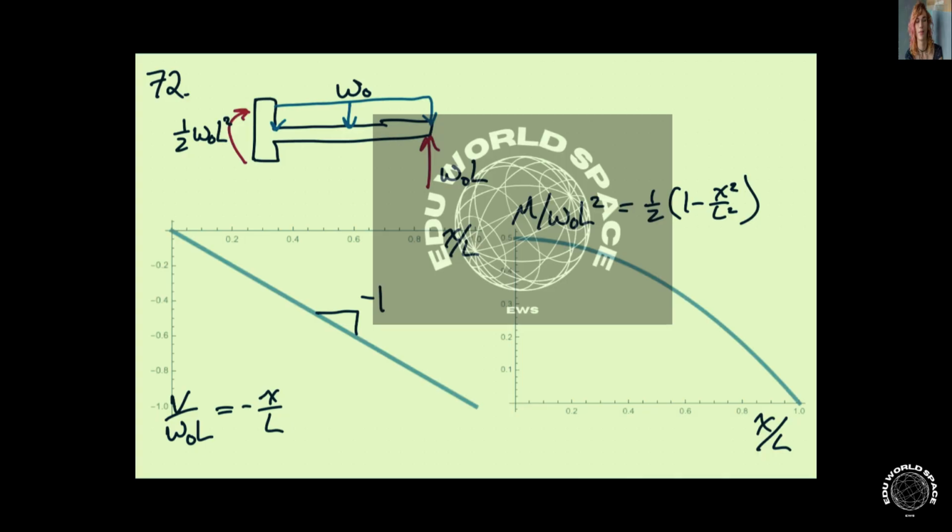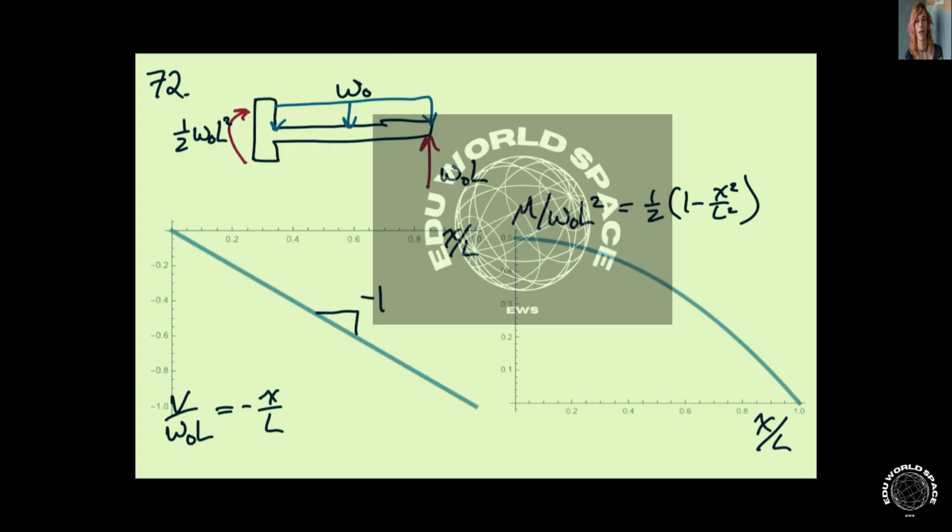Now we can draw our shear. If we plot V over omega L as a function of x over L, then the slope of this line is -1. And so V is minus omega naught x.